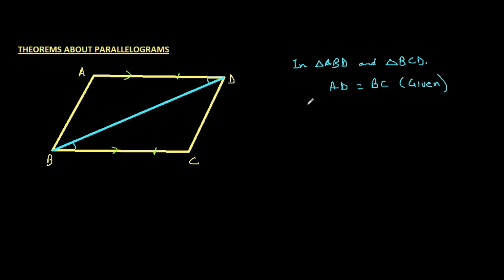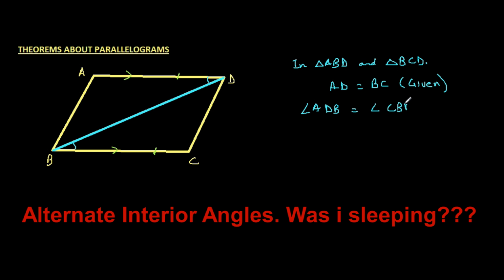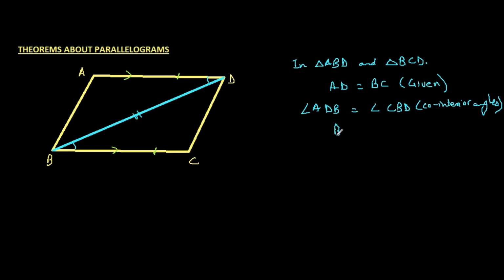So we can say that angle ADB is equal to angle CBD, co-interior angles. And we know that BD is equal to BD because that is the common side in both the triangles.